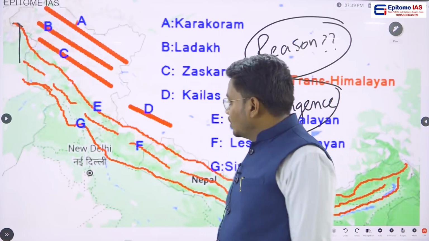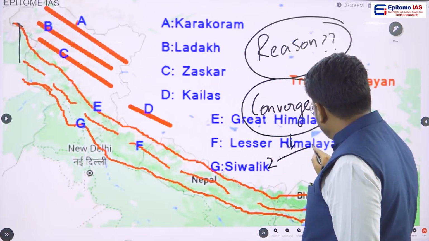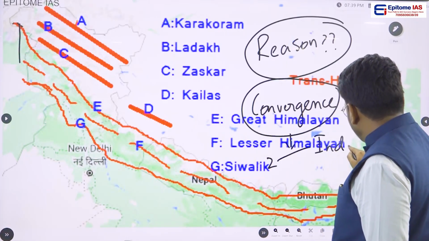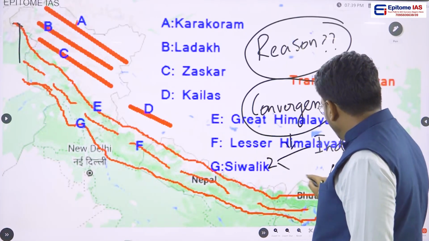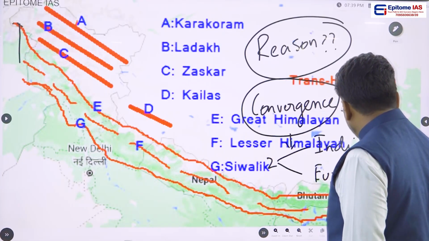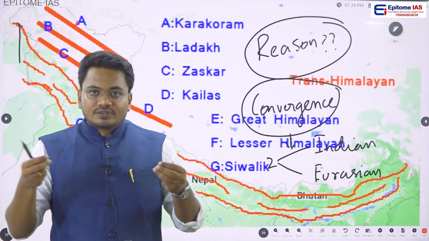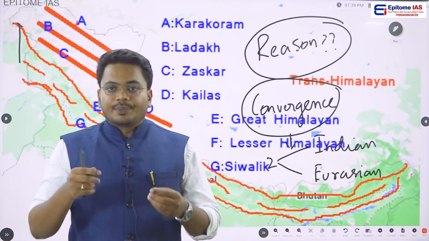Now, if you see that particular thing, here the two plates, the first one is the Indian plate and the second one is the Eurasian plate, right? The Indian plate and Eurasian plate came closer to each other, they converged at a point.